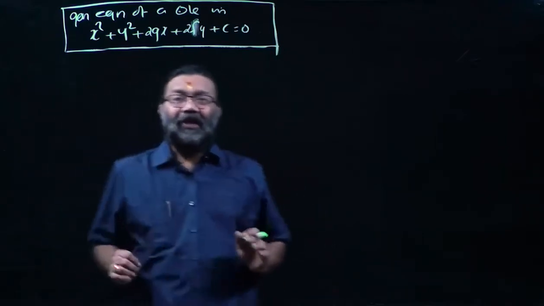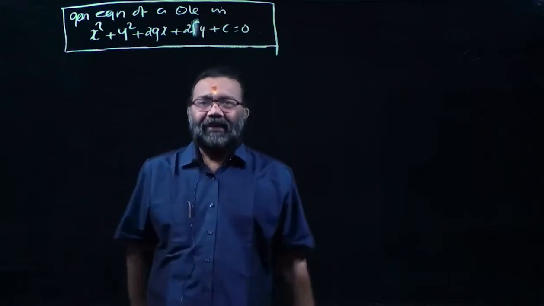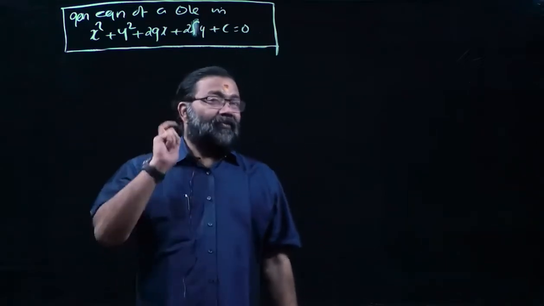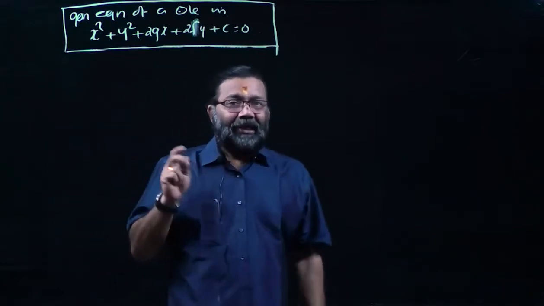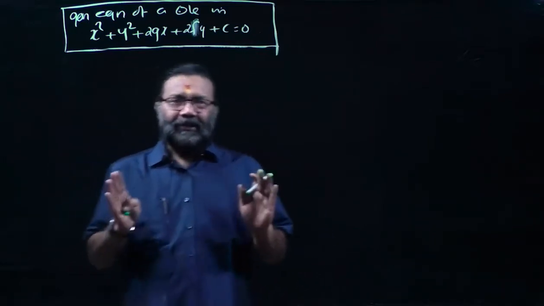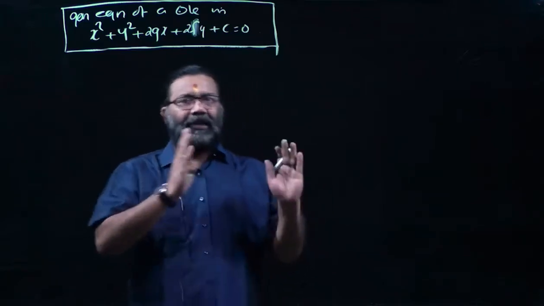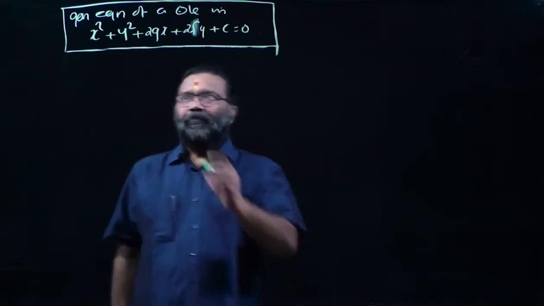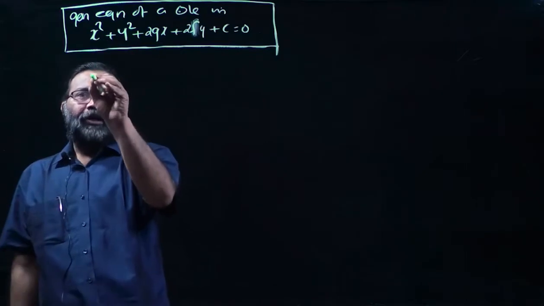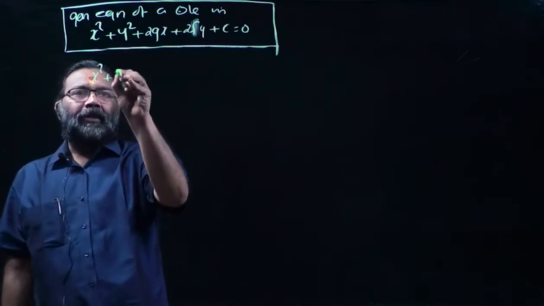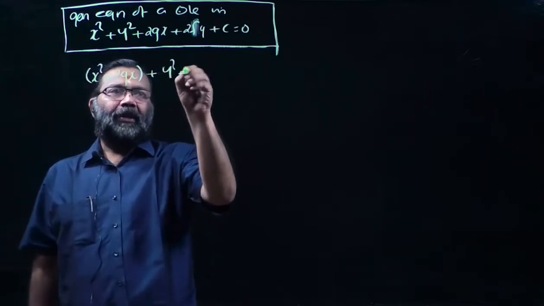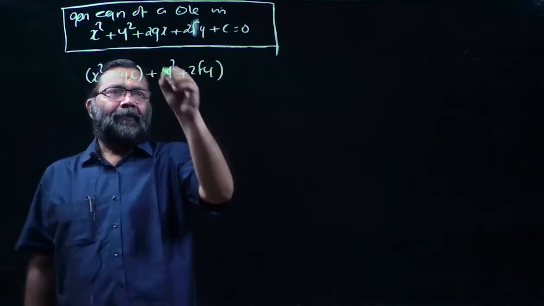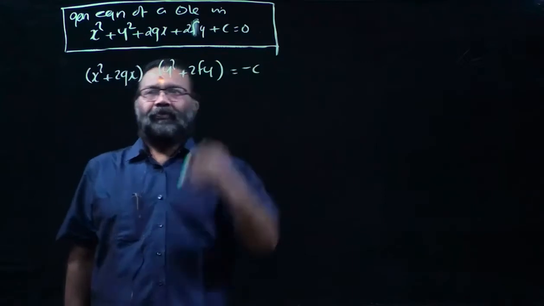From here you can find the center as well as the radius. The basic form with center at (h, k) and radius r was x minus h whole square plus y minus k whole square equal to r square. So I am rewriting the equation as x square plus 2gx plus y square plus 2fy equal to minus c.